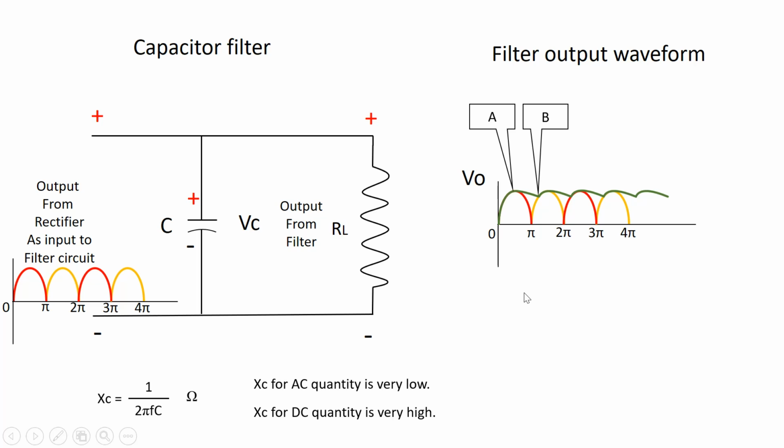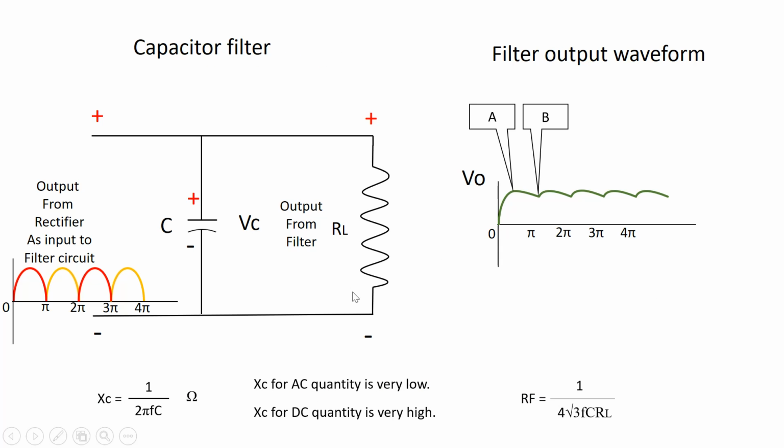And this ripple factor is given by the formula RF is equal to 1 divided by 4 root 3 FC into RL. The waveform which is given out from this capacitor filter circuit is simply as shown in the figure now.